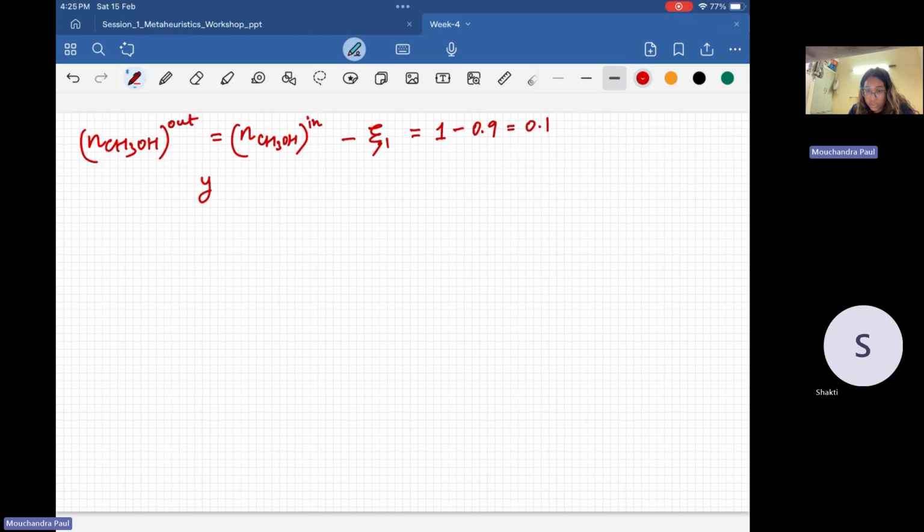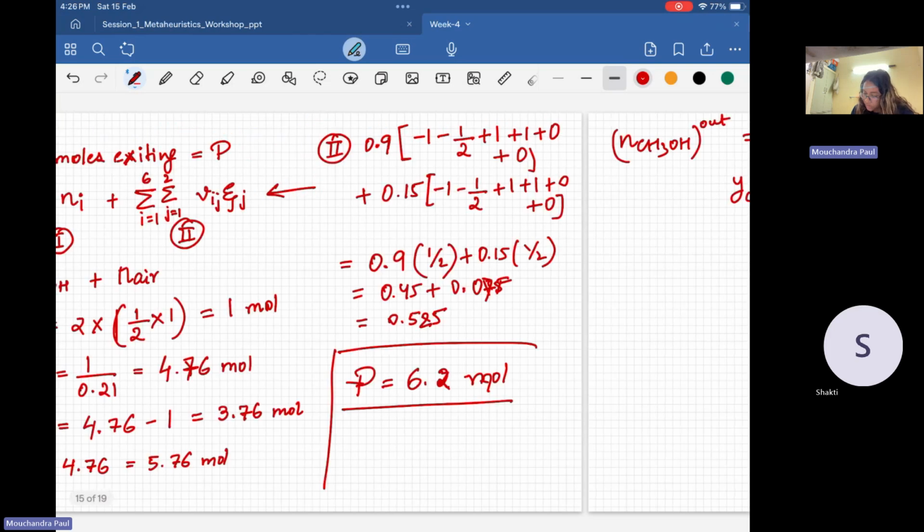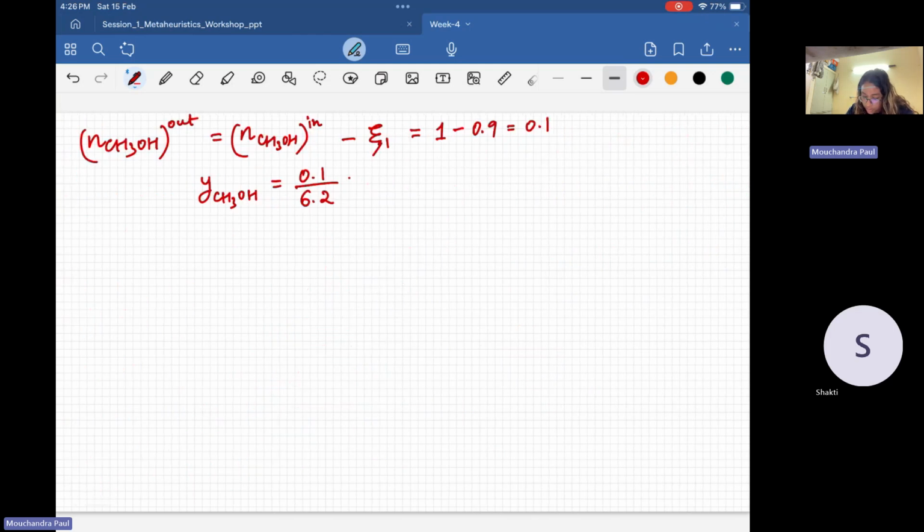Let's denote the mole fraction of methanol as y. So it will be 0.1 by the total, we got 6.2 moles. So this ratio is 0.016, so in percentage it will be 1.6%.